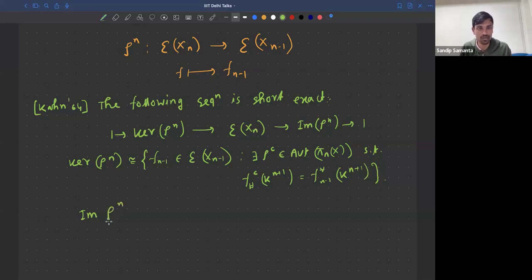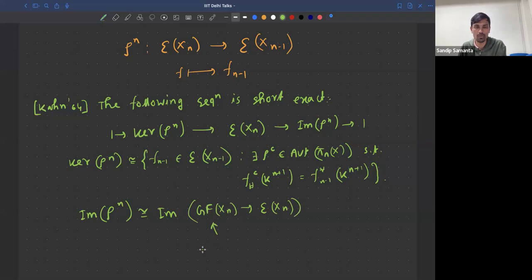The image of ρn is again isomorphic to the image of G F(Xn) in E(Xn). So what is this G F(Xn)?